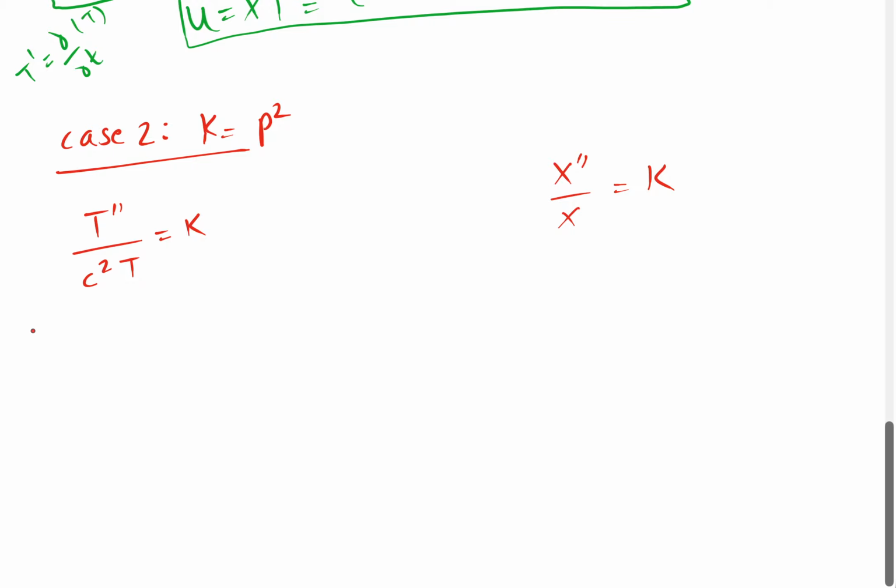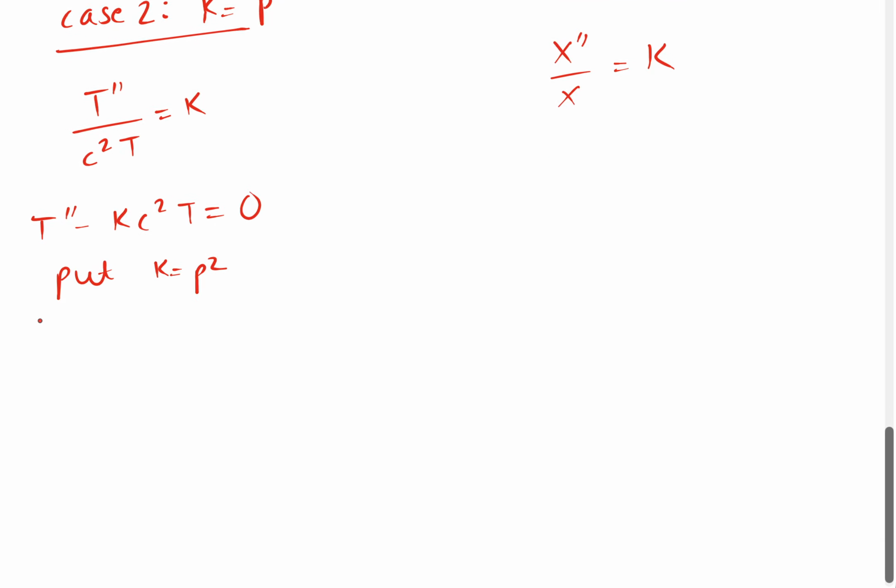t. So here we are given t double dash minus k c square t is equal to 0. Put k is equal to p square. So it will become t double dash minus p square c square t is equal to 0. Now this is a second order differential equation.